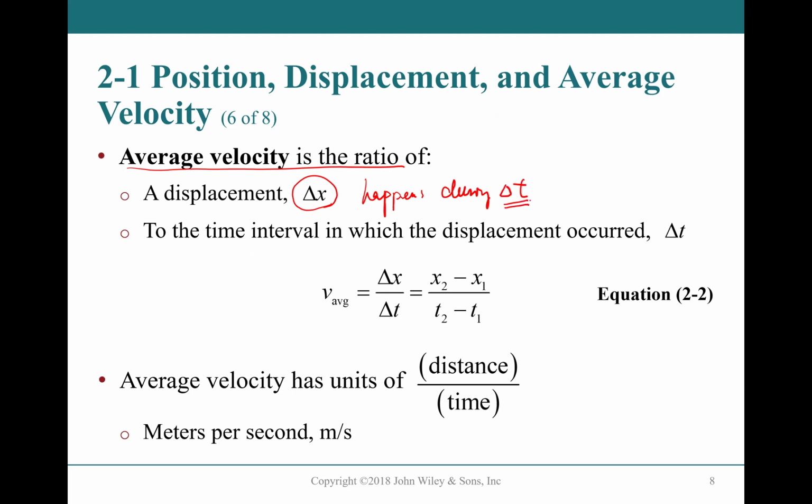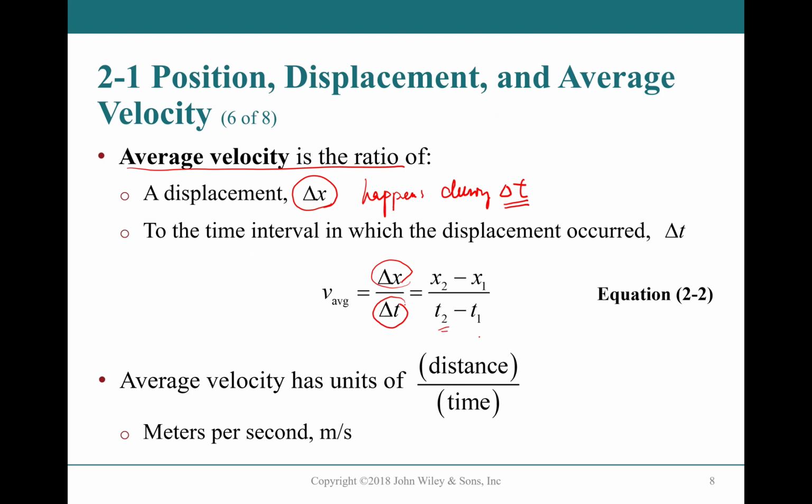We also need the time for the motion. So average velocity is equal to the displacement divided by the time interval in which the displacement occurred. So here T2 minus T1. T2 is usually our final time, T1 is the initial time.